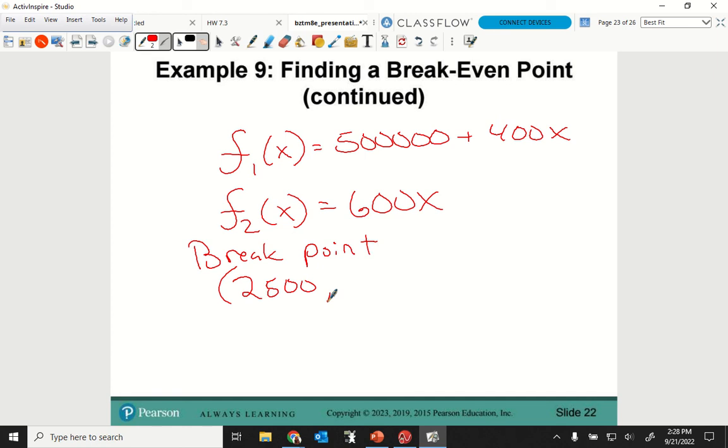That's the point where I have to figure out, okay, I need to sell at least this many to break even. So everything I sell on top of this is going to be profit, more profit.